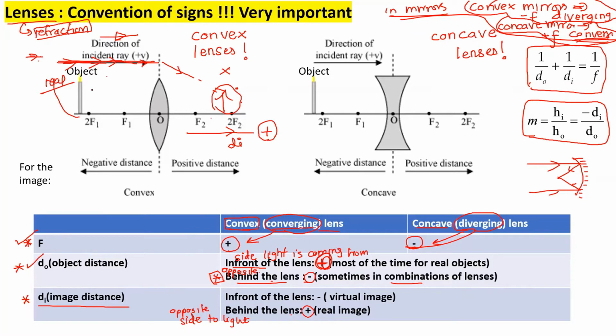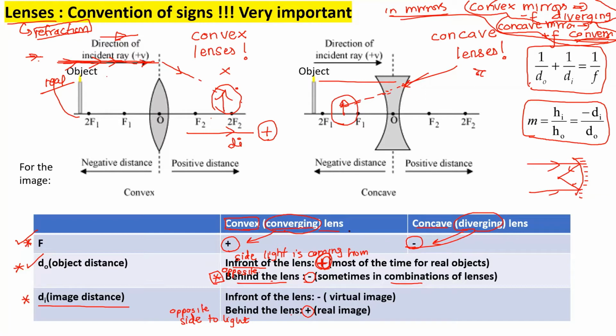If, let's say, this lens produced an image right here, what does that mean? That means light has gone and refracted, but when we look from this side, it looks like the image is inside it. So now this is a virtual image.